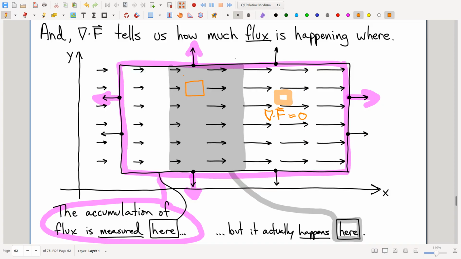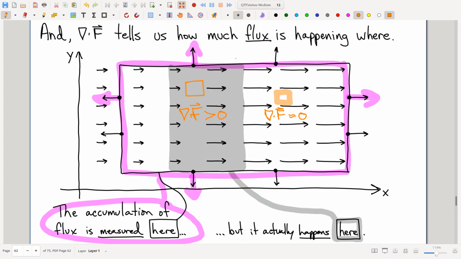The positive one's just that little bit bigger. And so altogether there is a positive amount of flux happening there. And if you were to compute the divergence, indeed, you would find that that is positive.